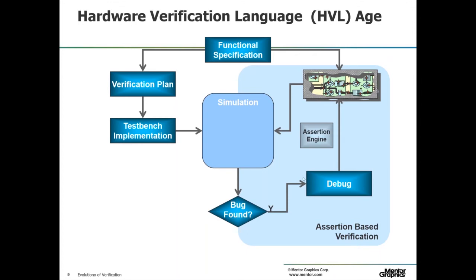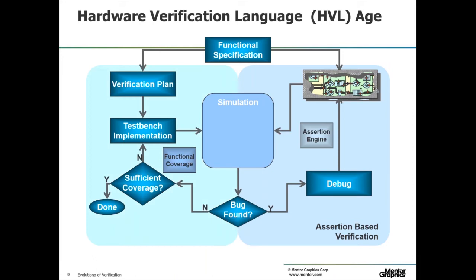And those assertion languages also became the basis for what we call functional coverage, as opposed to code coverage. Functional coverage was: I have this requirement, and I say, if these 3 assertions get activated, tested, and never fail, then that requirement is met.